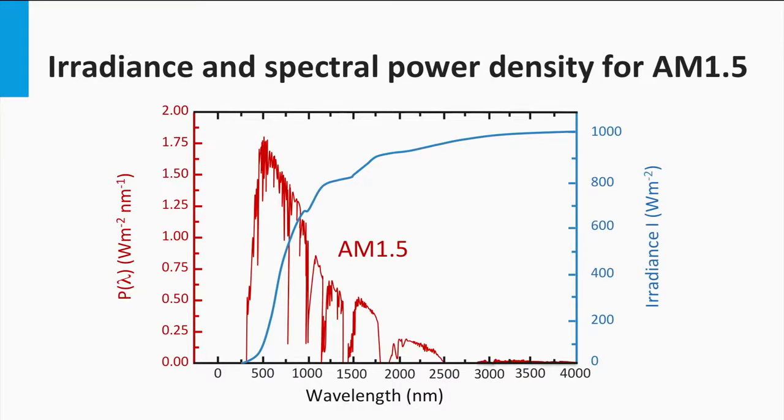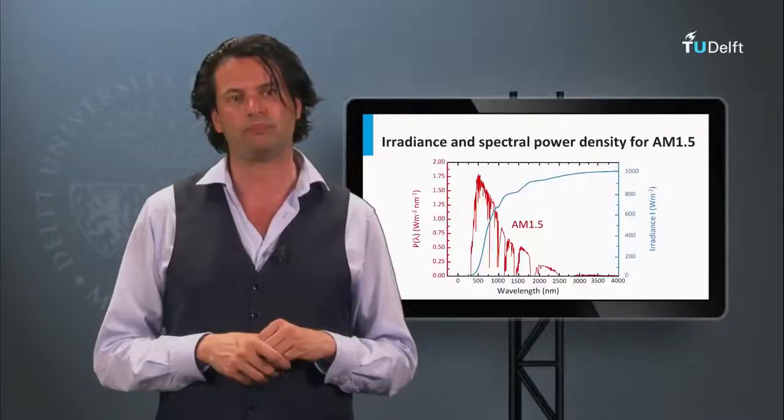This means that the area below the AM 1.5 spectrum in this figure corresponds to the irradiance. The blue line is the integration from 0 up to lambda, and you see that the area below the spectral power density up to 4000 nanometers is equal to 1000 watts per square meter as expected for the AM 1.5 spectrum.